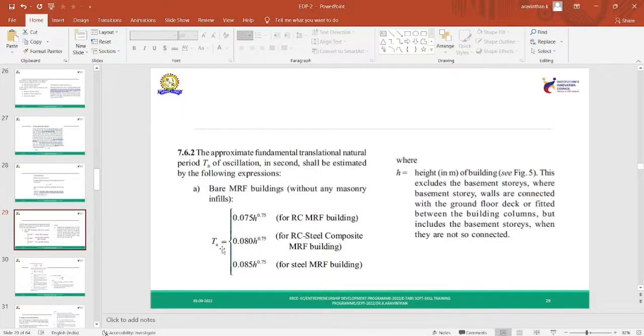TA, what is that? TA is the fundamental natural period of the building: 0.075 h power 0.75 for an RC moment resisting frame building, and for an RC steel composite building you can use this formula, and for a steel moment resisting building you can use 0.085 h power 0.75.